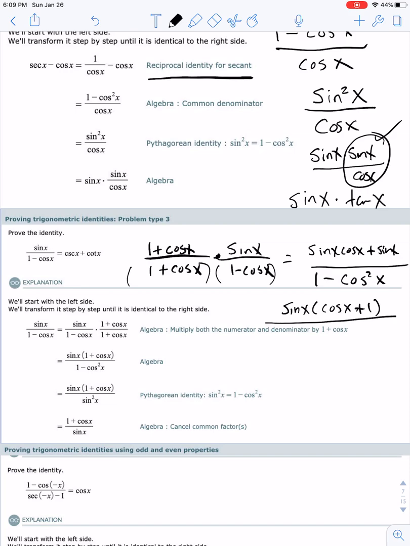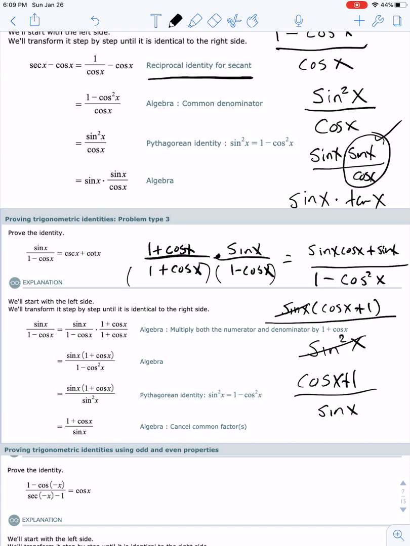So now we can see that 1 minus cosine squared x, we've got a 1 and a squared trig function, so we know by the Pythagorean identity that's equal to sine squared x. So I've got a sine x over sine squared x, so I can simplify this to cosine x plus 1 all over sine x.